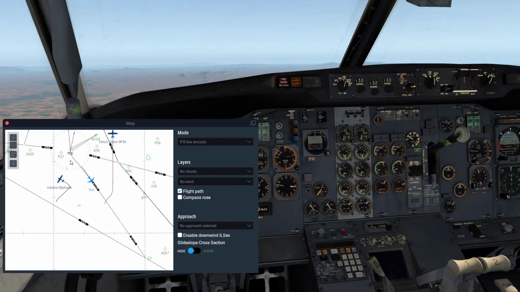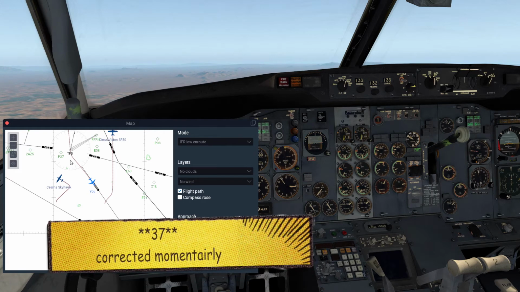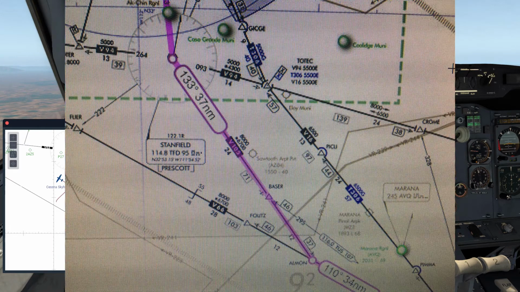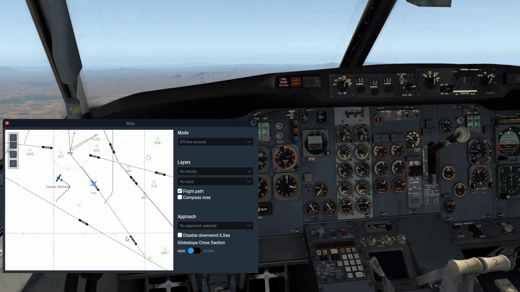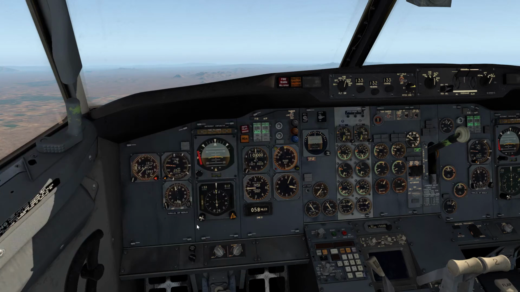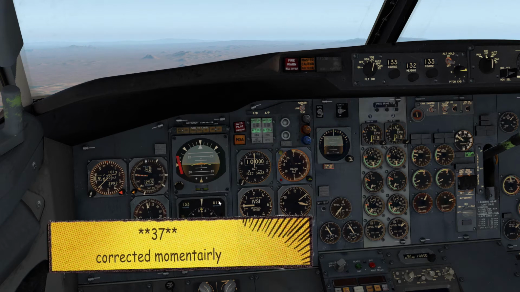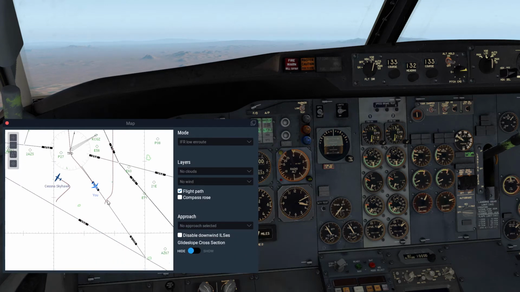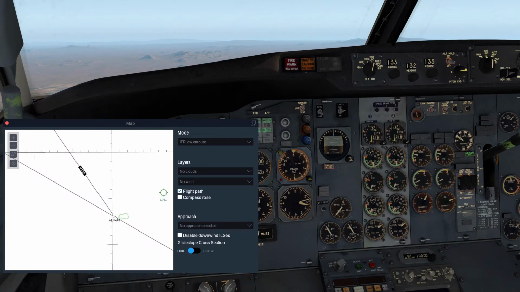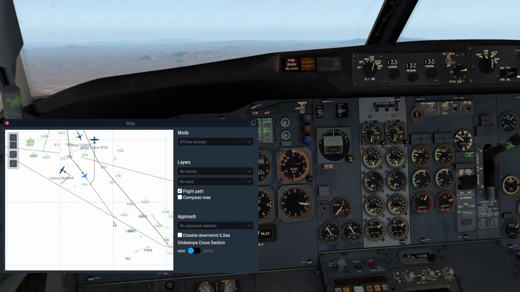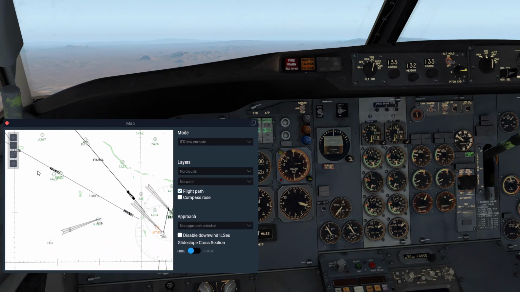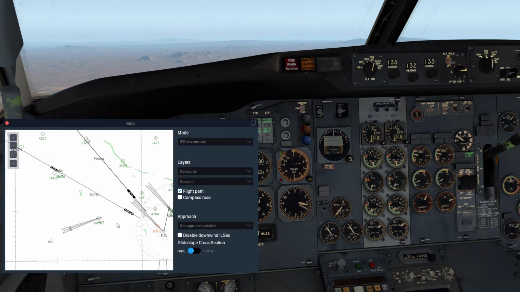And according to my chart, it says 21 miles from Stanfield, I will get to Alman intersection. So that's method one of determining where Alman is. When this reaches 21, I know that I've flown 21 miles along this airway, and I'm going to be over Alman intersection.